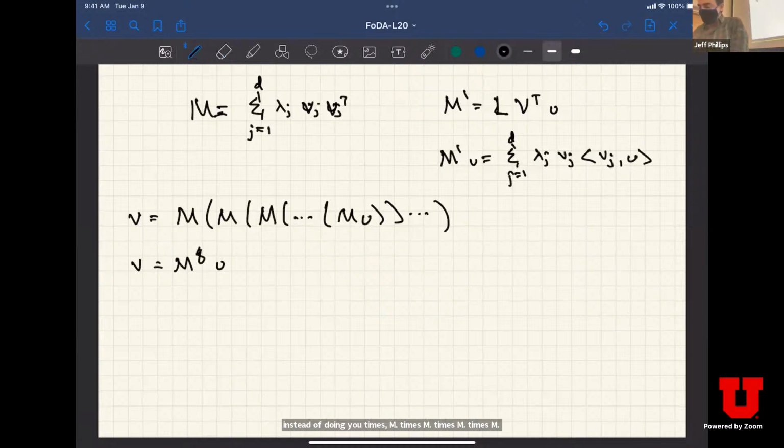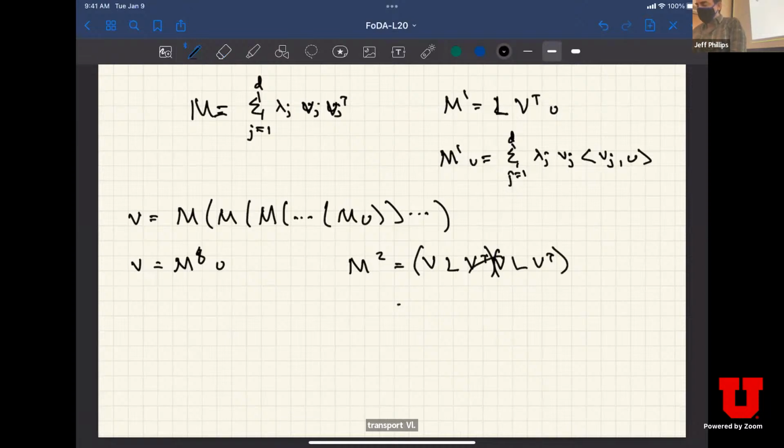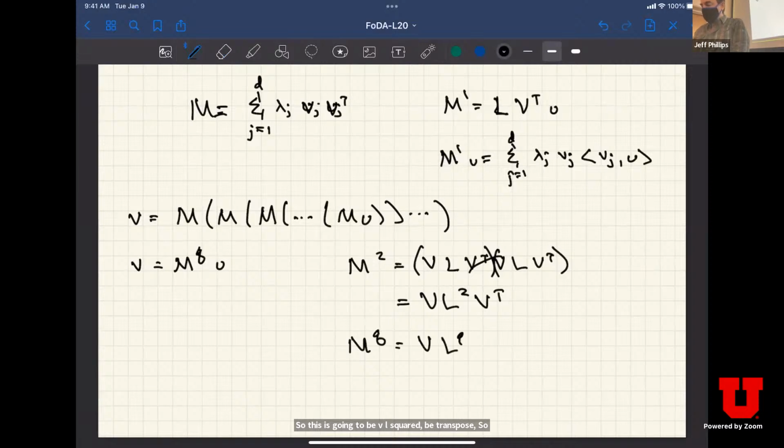What's going to be neat about M to the q is this: let's just look at M squared. M squared is going to be V L V transpose times V L V transpose, and again, these are going to cancel. So this is going to be V L squared V transpose. That means M to the q is going to be V L to the power q V transpose.